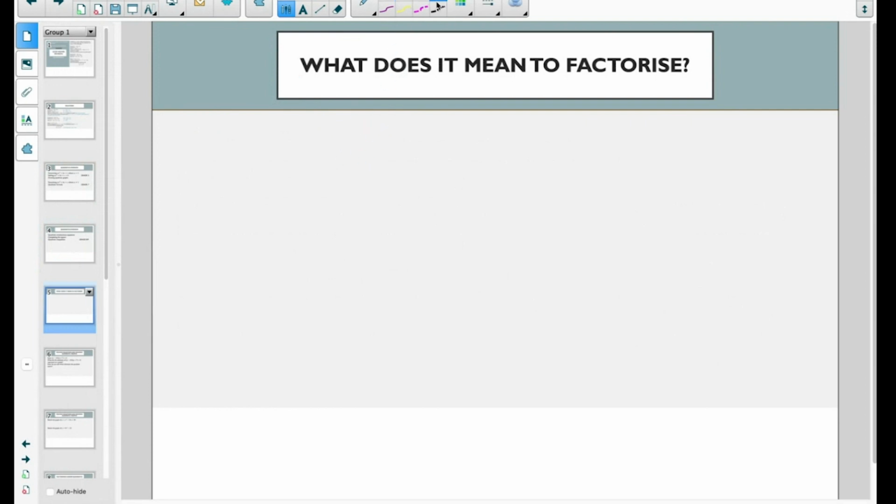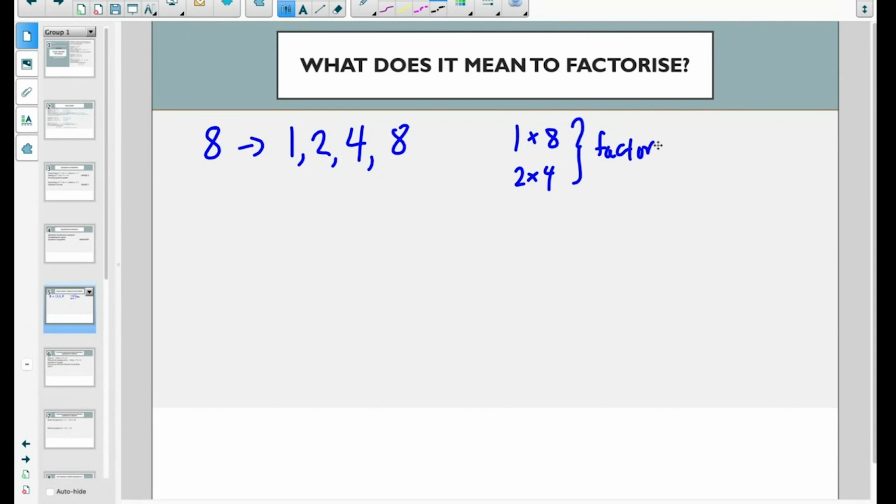Okay, so a quick example, we can think of the number 8. Our factors of 8 are going to be 1, 2, 4, and 8, because we can say that we have 1 times 8 and 2 times 4. These are all my factors of 8.